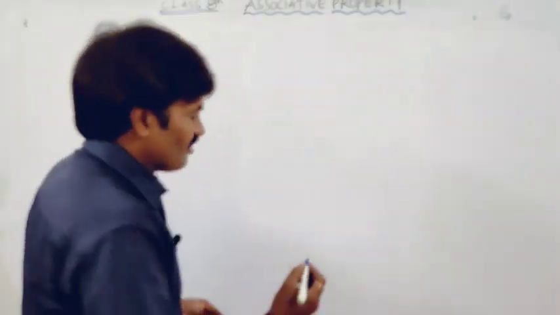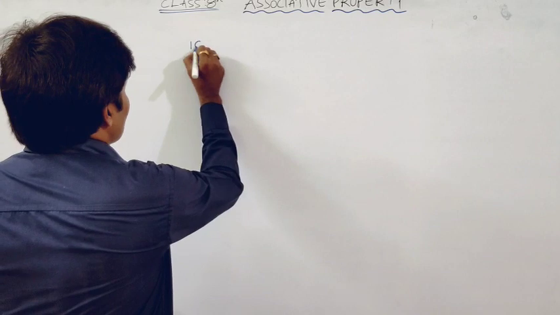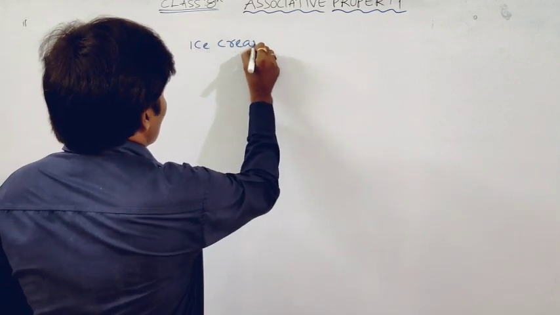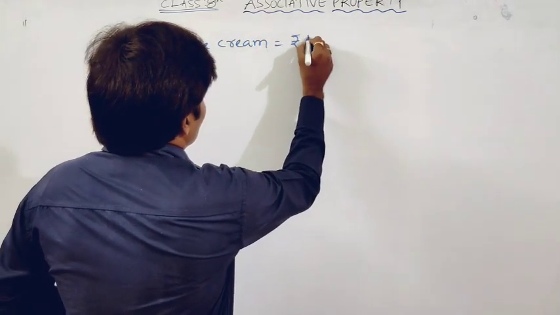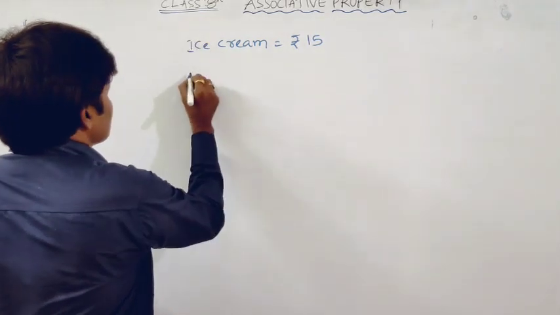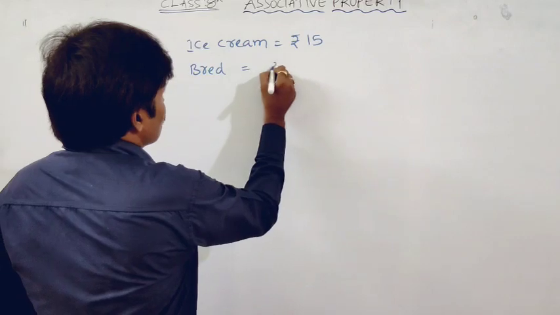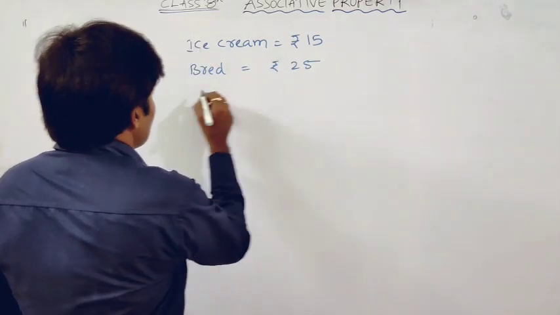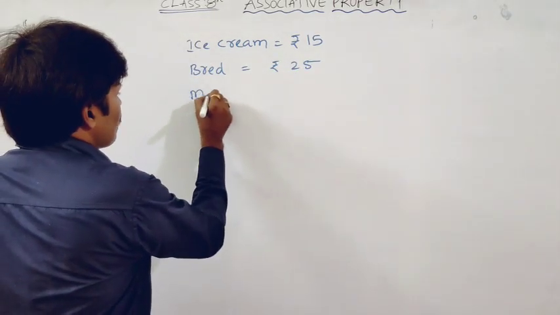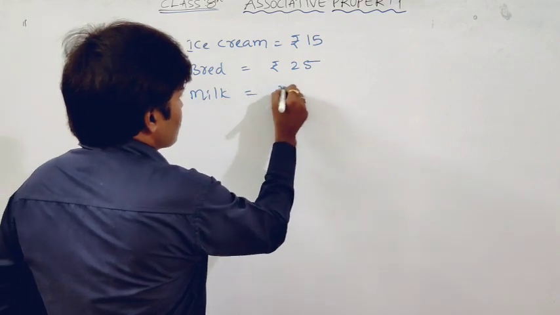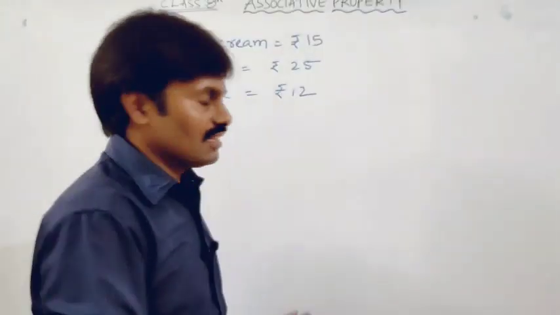So what I have told first, the cost of ice cream is equal to 15 rupees. The cost of bread is equal to 25 rupees and the cost of milk packet is equal to 12 rupees. Clear?